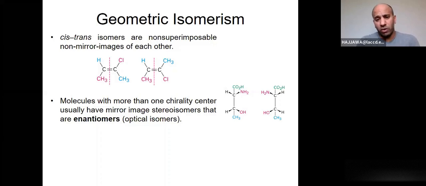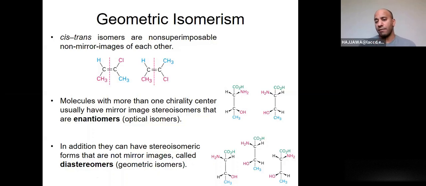So here, just to remind you, molecules with more than one chiral center usually have mirror image stereoisomers that are enantiomers. What if I have a compound, say this one in the middle, and I look at the one on the left, I look at the carbon on top, I see it exactly the same.